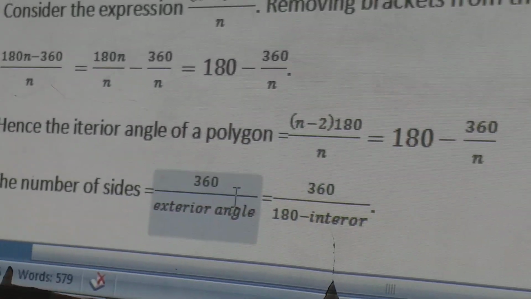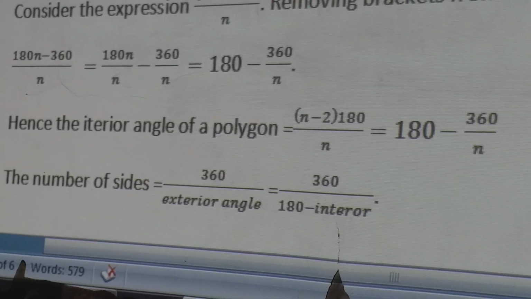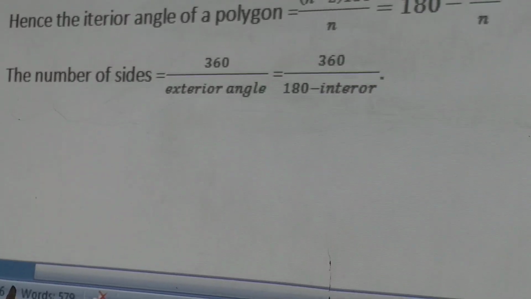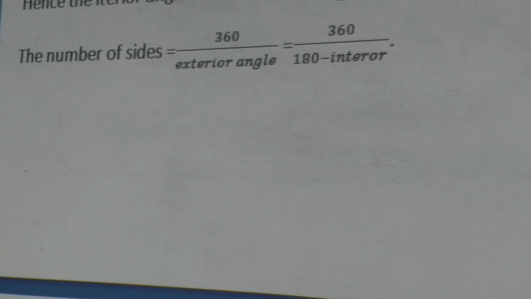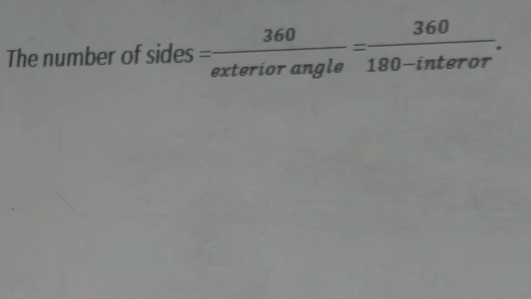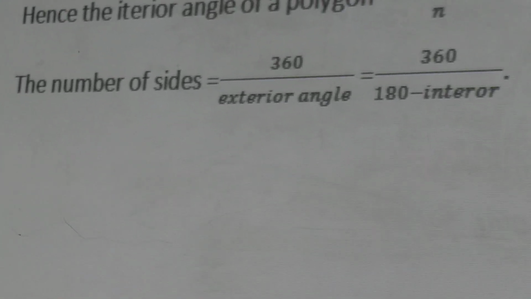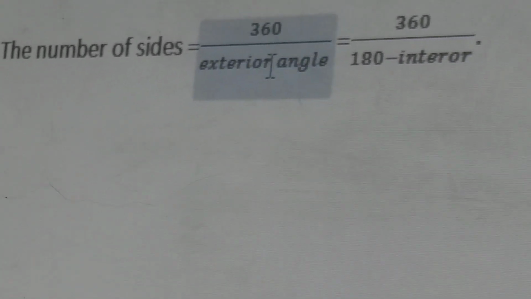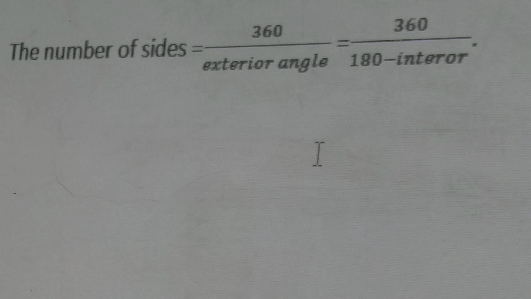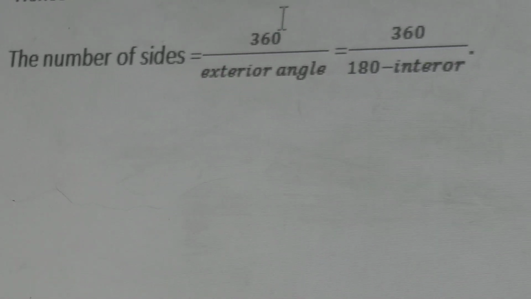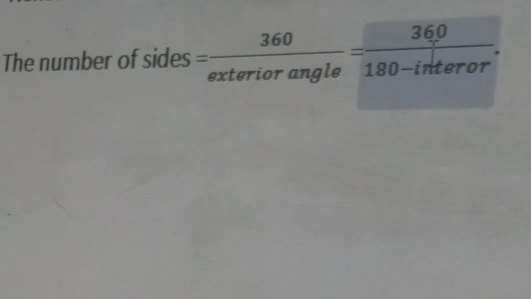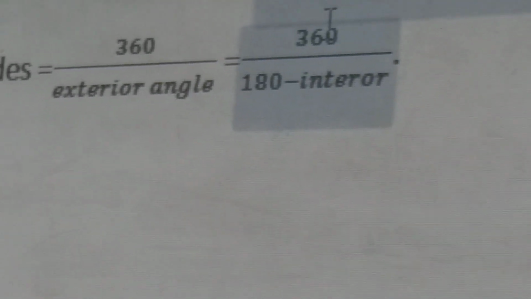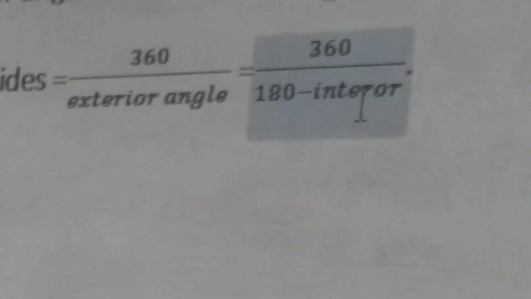We must also know that the number of sides, therefore, is equal to 360 over exterior angle, because if it is a regular polygon, the exterior angles are all equal to each other. So if we want to find n, we just divide 360 by the exterior angle, which is equal to 360 over 180 minus interior.